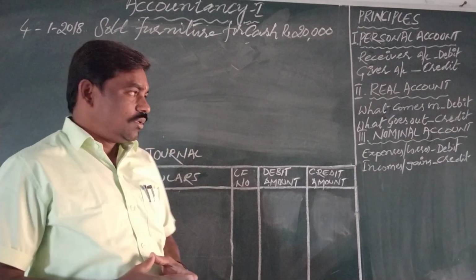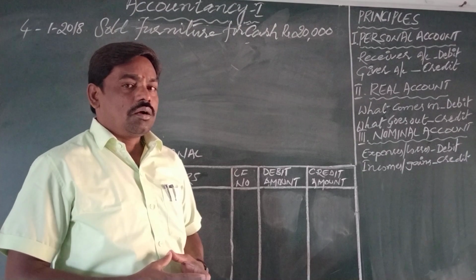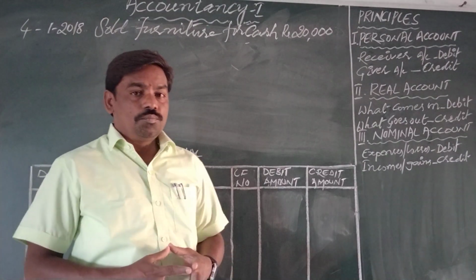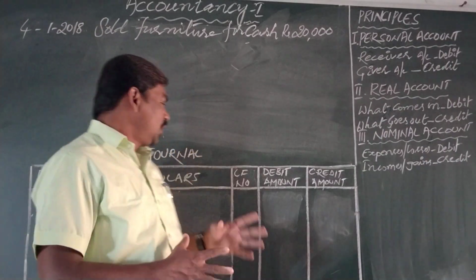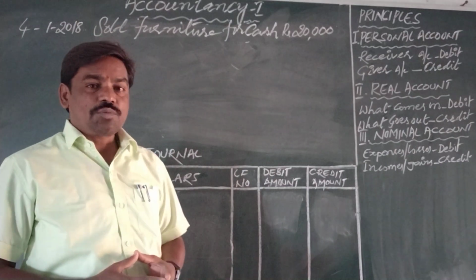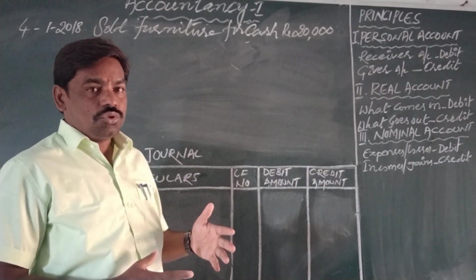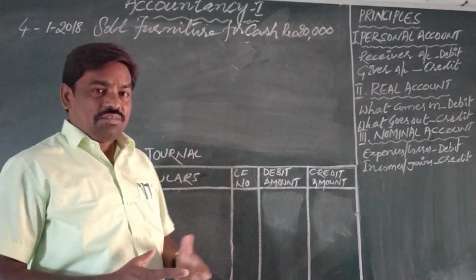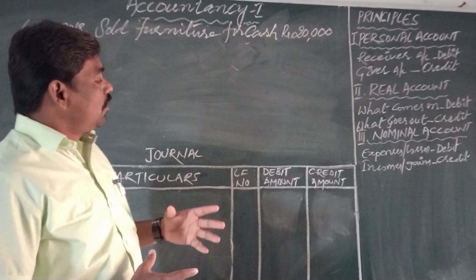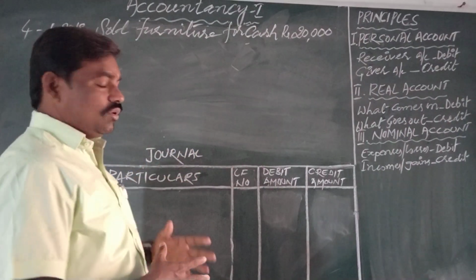Students, here I am going to use only one account and its principle to write journal entry in the book journal. Here I will explain different steps to follow for the given business transaction and writing the entry in the book of journal.